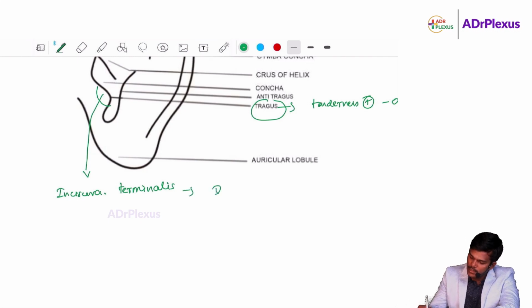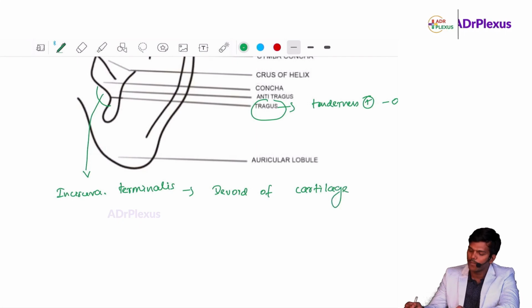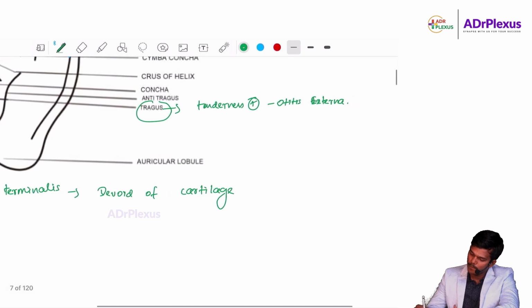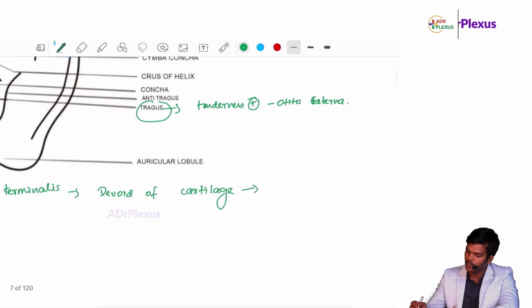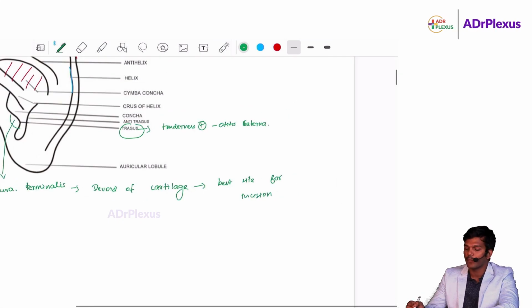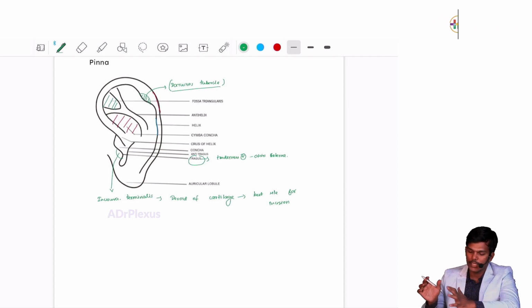This area is devoid of cartilage, so it is the best site for incision. Clear? Yes. So these are some basic clinical points regarding the parts of the ear, that is pinna.